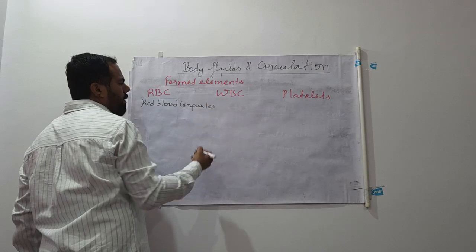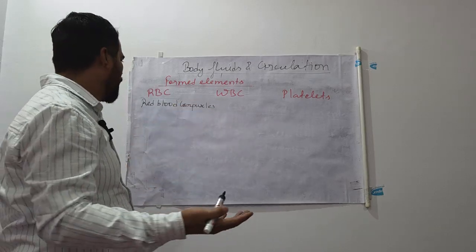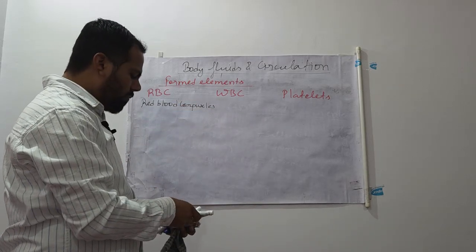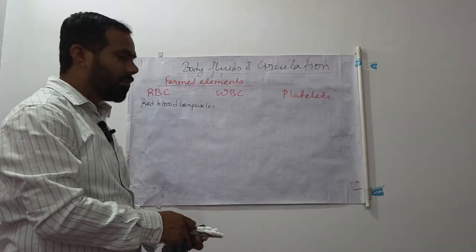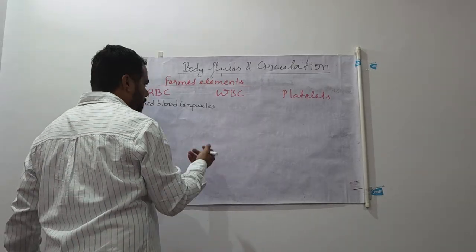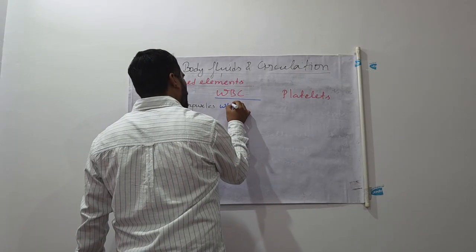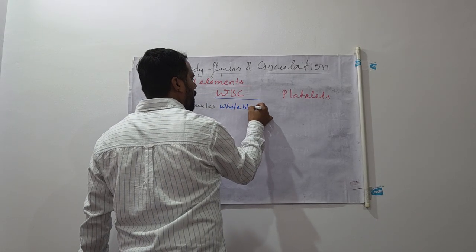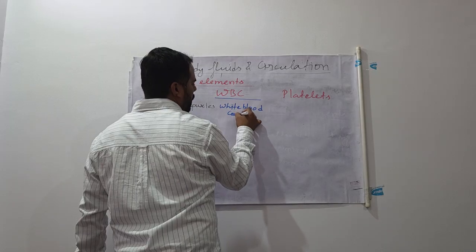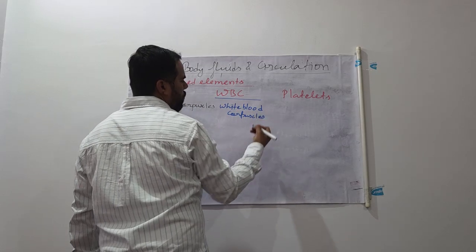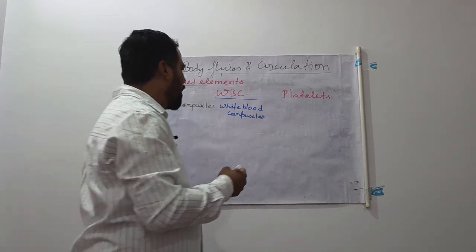Corpuscles means these cells are floating in plasma. Okay. WBC, that is white blood corpuscles. These are also floating.